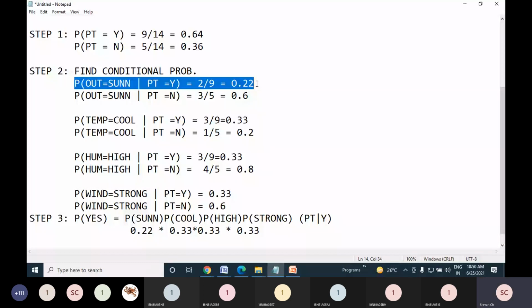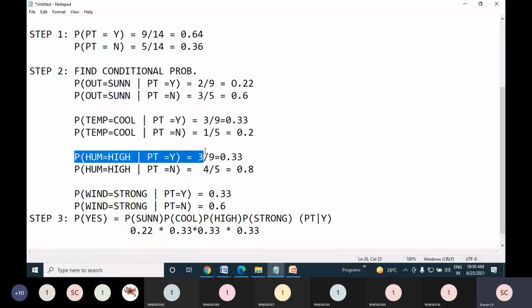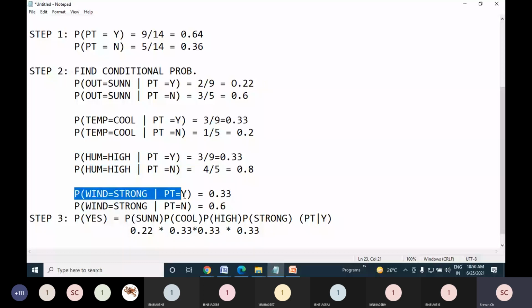So all these conditional probabilities which you have calculated in step 2, this is for yes. This is also for yes, temperature equal to cool, second parameter. Third parameter, humidity is high and PT is equal to yes. Fourth parameter, wind is strong, PT is equal to yes. So all those yes parameters, whatever conditional probabilities you have calculated, you have to multiply them. So 0.22 into 0.33 into 0.33 into 0.33.